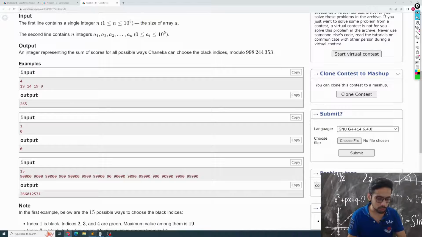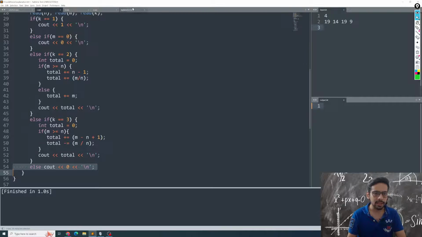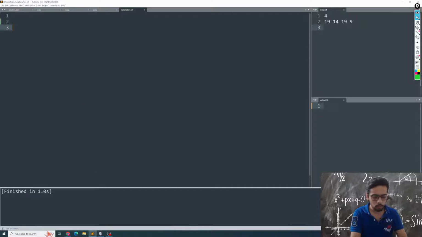So they didn't give a small example, but I'll give you a small example so that we know we are on the same page. Let's take the array 2, 3, and 8. One of the possible selections is paint the index 1 as black, then index 2 and 3 are green because you painted 1 as black.